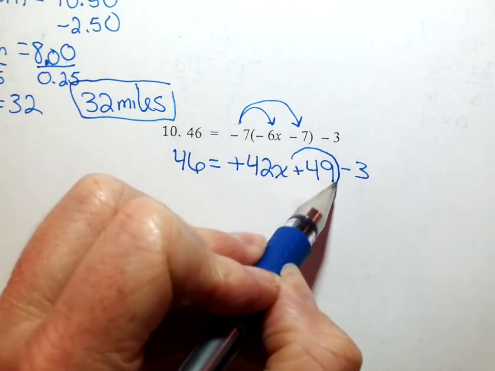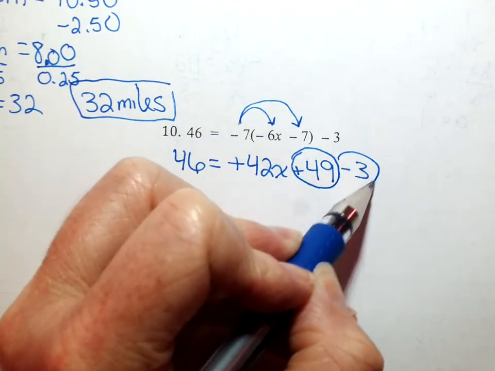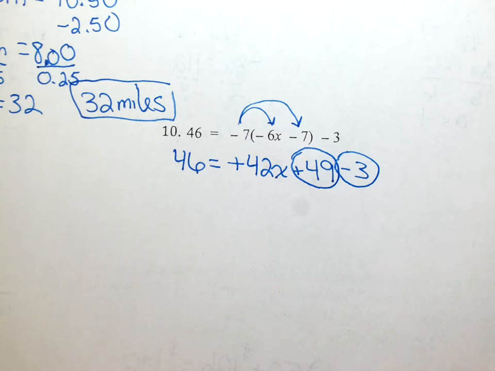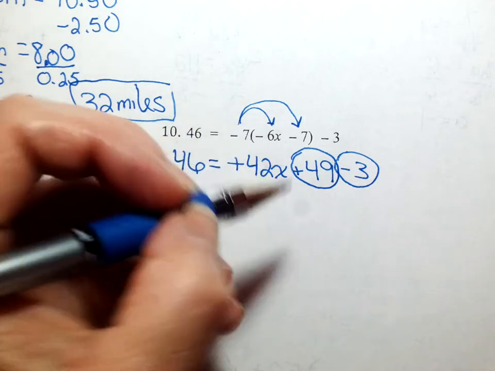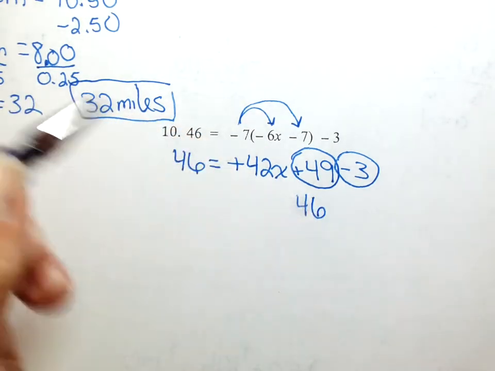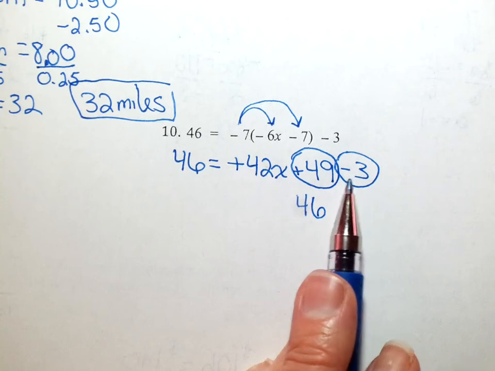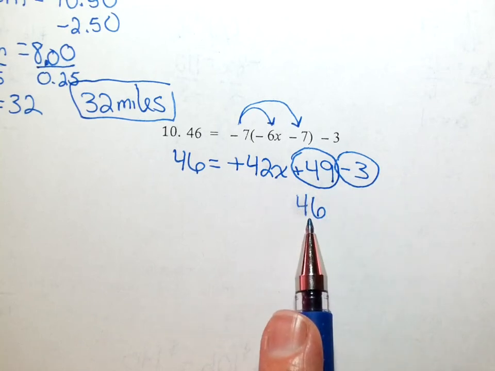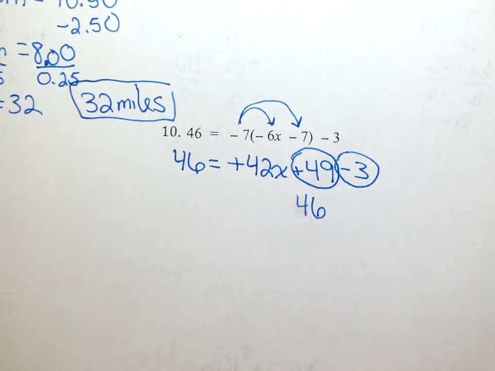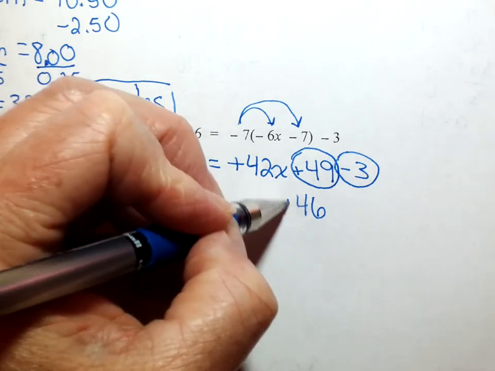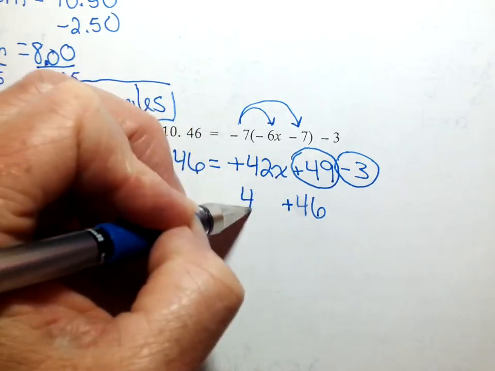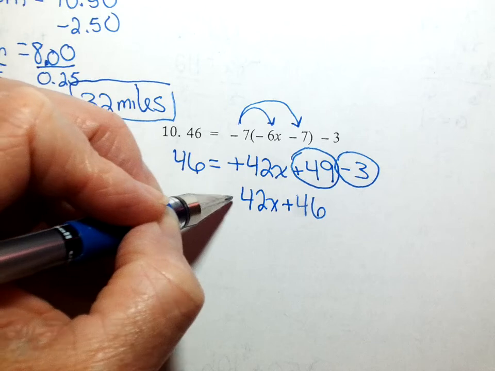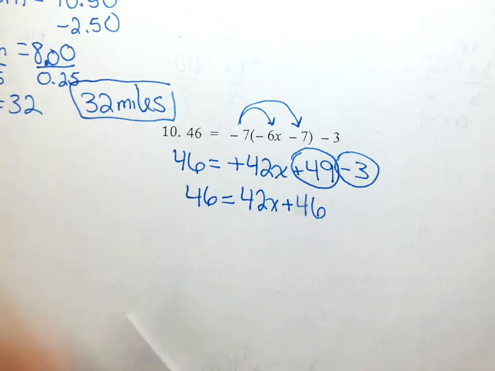Yeah, you should have said 49 and negative 3 get you what? So 49 minus 3, you got 46. You could have said, oh, 9 minus 3 is 6, so 46. That's totally fine, but if you want to double check, use your calculator. It's okay. That's what it's for. So this is a positive 46, and 42x is equal to 46.